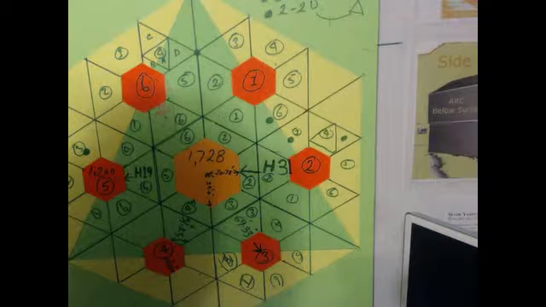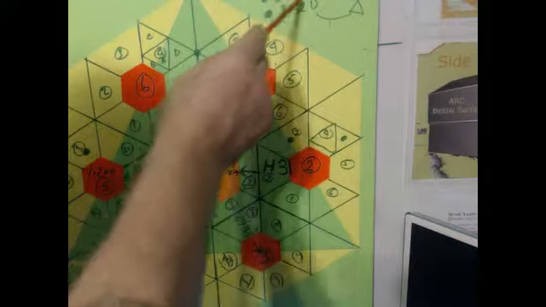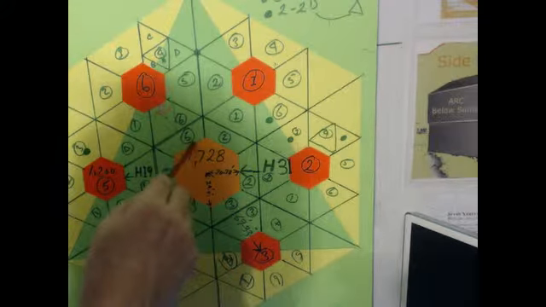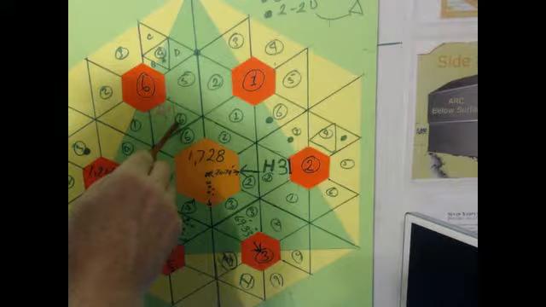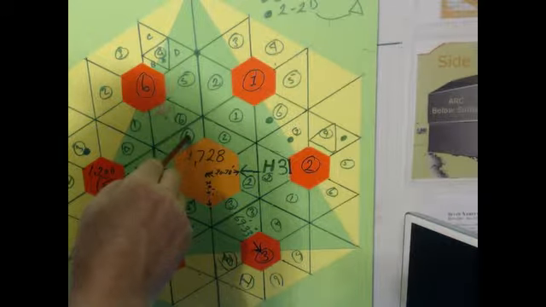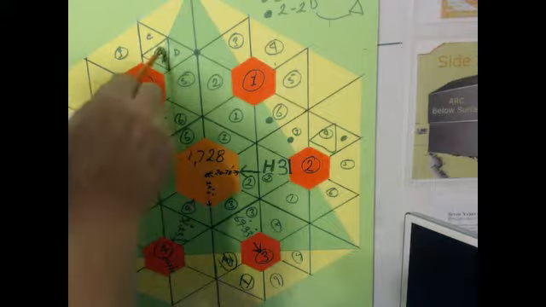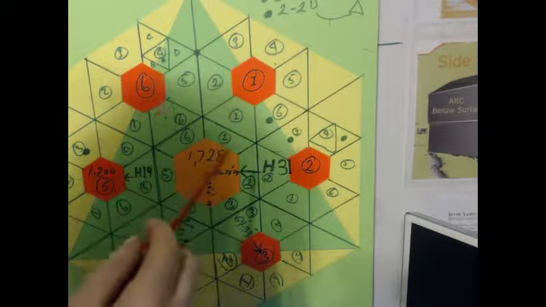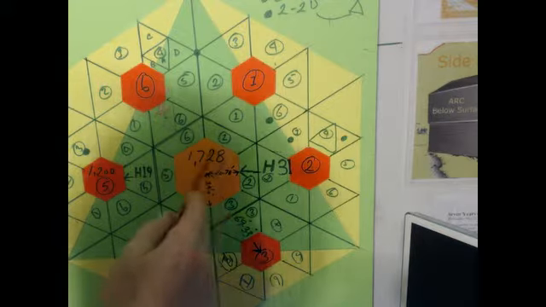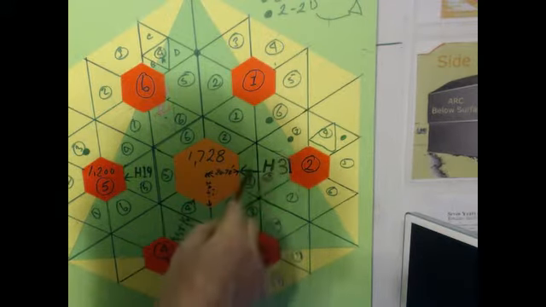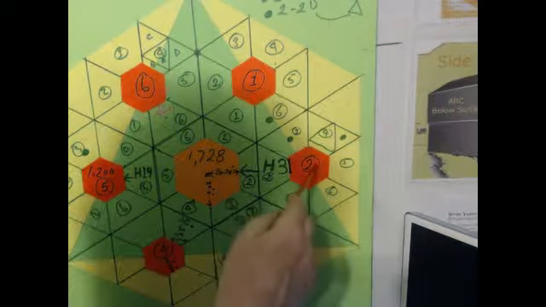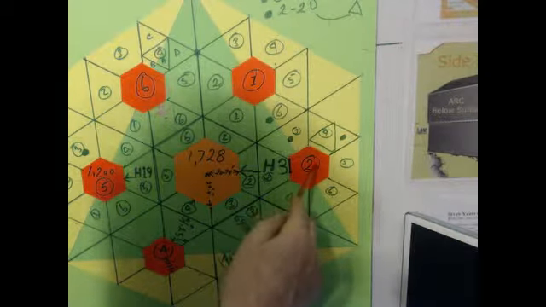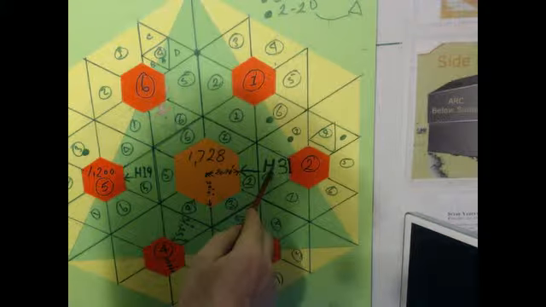Okay, let's go to 6-4A. 6-4A, that would be 6 here. This is 6-4. Go to 4, and you go to A, right in the center. 2-2D. Now you go to 2, right? 2 dash 2.